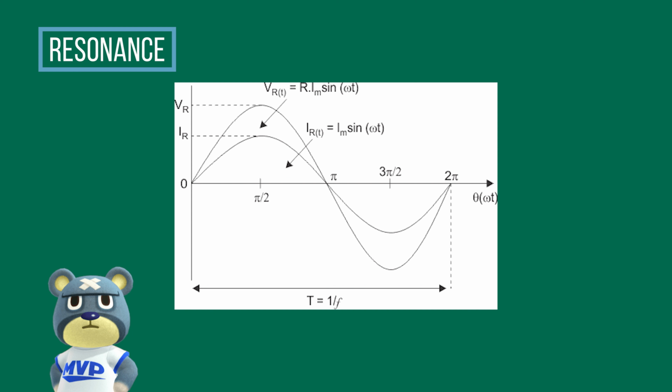Second, total impedance of the circuit becomes minimum, which is equal to R. Third, circuit current becomes maximum as impedance reduces, I equal V over R. Fourth, the voltages across the inductor and capacitor cancel each other, so the voltage across the resistor, VR, equals the supply voltage V. Fifth, since net reactance is zero, the circuit becomes purely resistive, and hence the voltage and current are in the same phase, so the phase angle between them is zero.